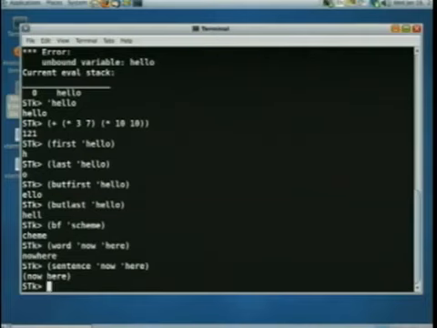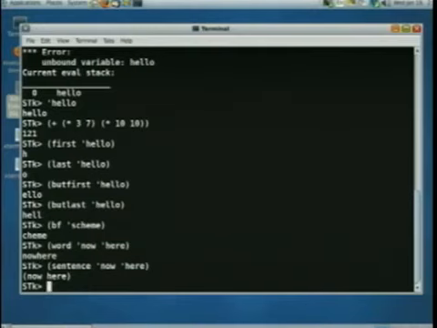Okay? Now notice this is something Scheme is printing out as a result, this sentence. If I were to type in parenthesis, now here, close parenthesis, that would not mean I want the sentence now here. It would mean, please call the function named now with the argument named here.